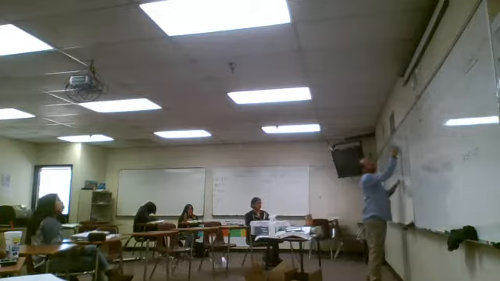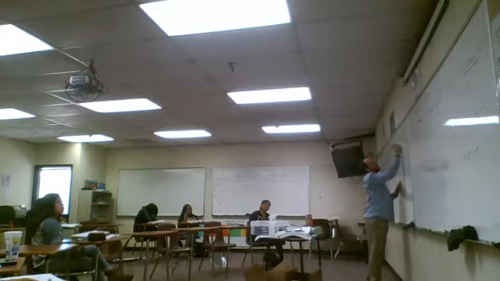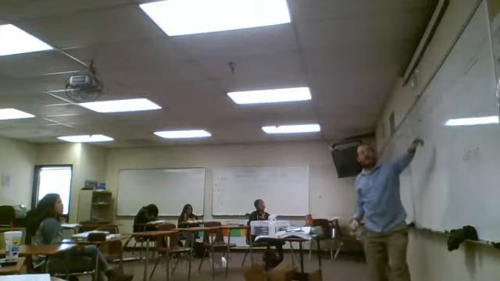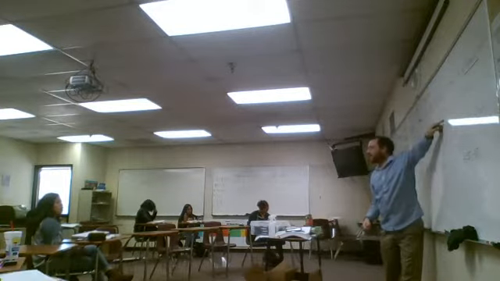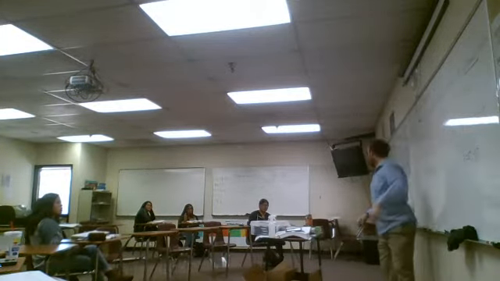So if I have z squared minus a squared, for example, this problem right here. For this one, what would a be? What squared gives us 36? So for this one, a would be 6.